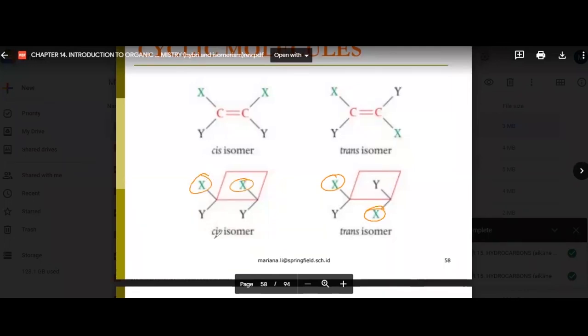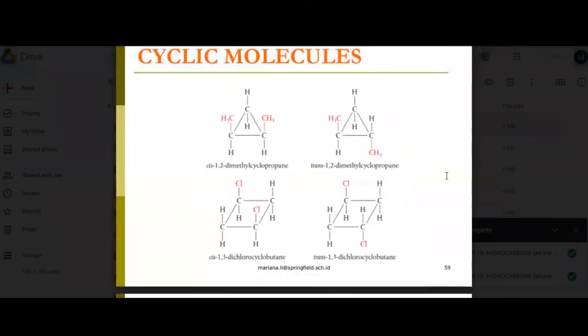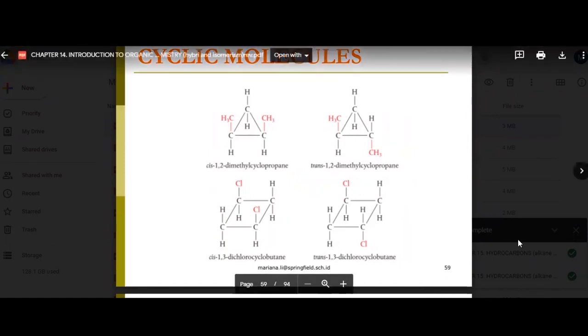This is cis. This is trans. So once again, cis trans isomerism also occurs in cyclic molecules. This is the example for cyclopropane. Cis-1,2-dimethyl would be like this, and trans would be like this. In cyclobutane, cis and trans would be like this. You can see.